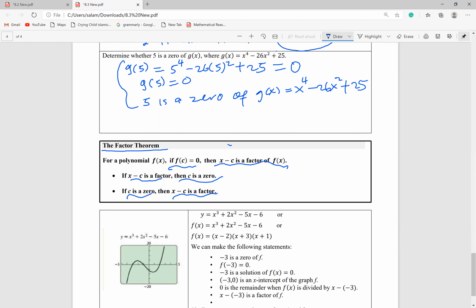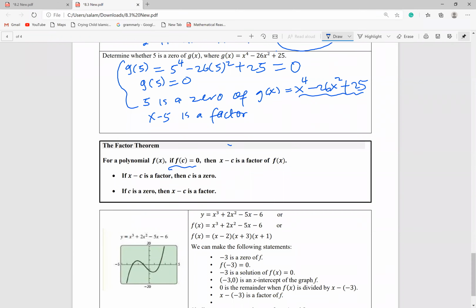So simply, we have 5 is a 0 of g of x. That means that x minus 5 is a factor of this g of x. It's a factor of this polynomial. And that is what the factor theorem is actually telling us.